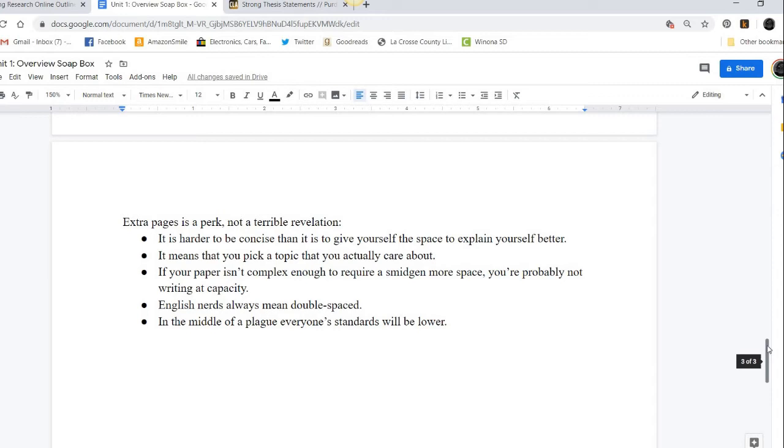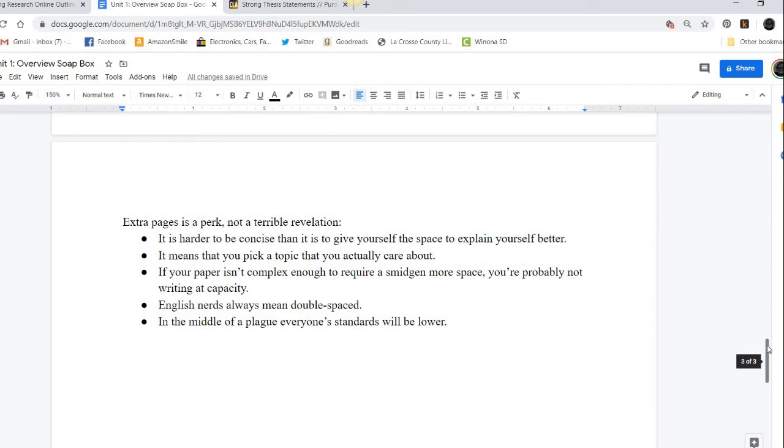If you have to cover the exact same amount of concepts in 2 pages, or 3, or 5, it is much harder than doing it in 6 or 8 or 10. You would still have to cover the same complexity of information. You would just have less space to do it.